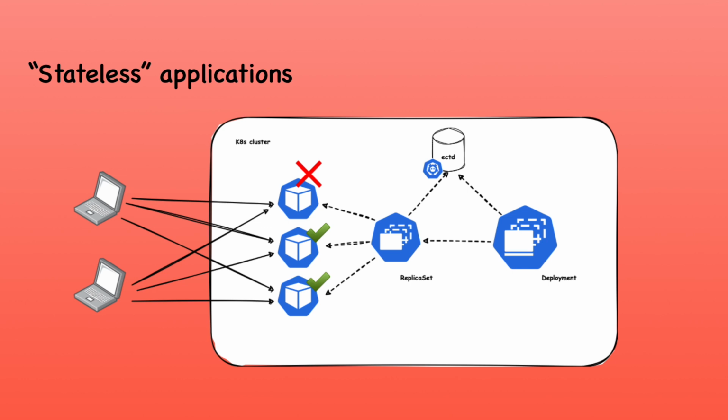Because the pods that are running our application can be created and torn down any number of times, and there are exact replicas of that same application running at the same time, we can't be sure which specific instance of that application a given user's request will be sent to.